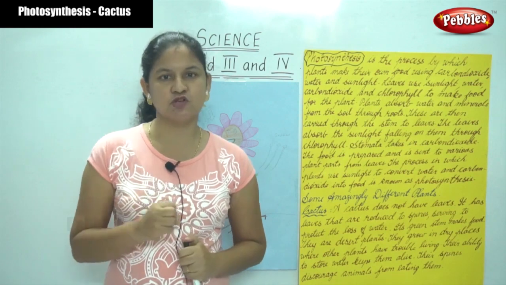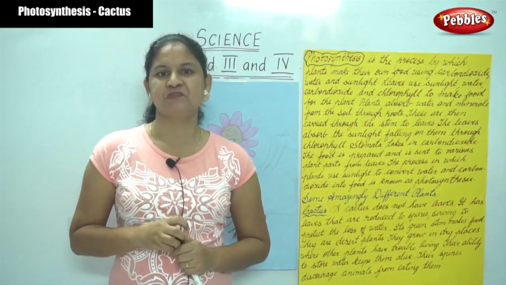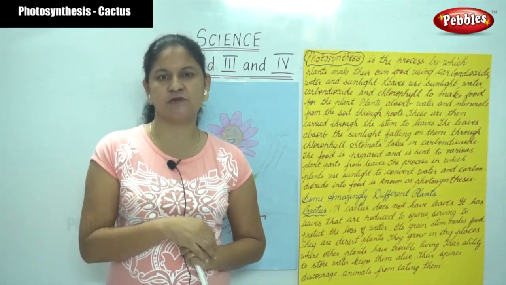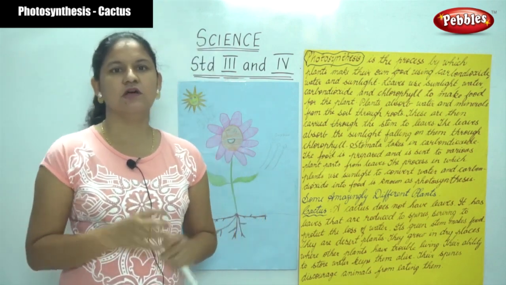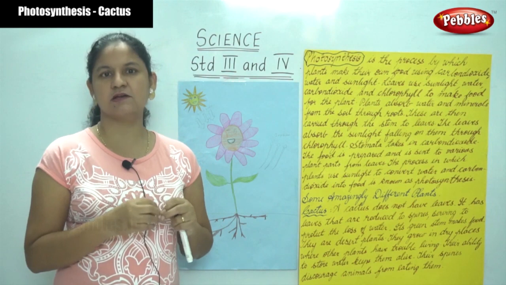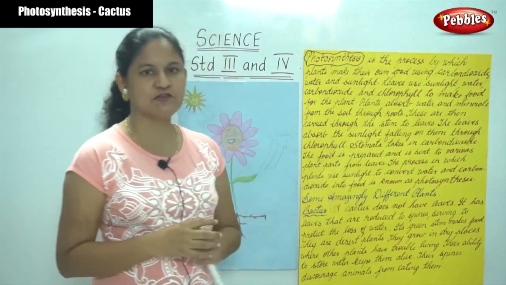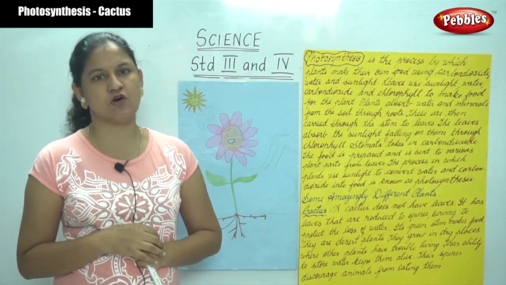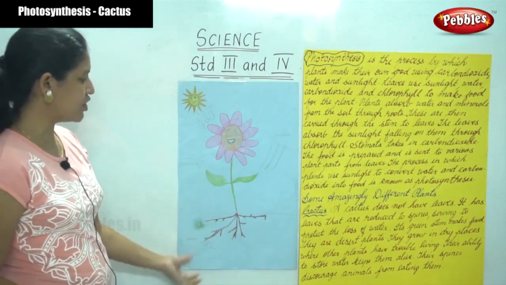The leaves absorb sunlight through the chlorophyll that is present, and the tiny openings on the underside of the leaves called stomata absorb carbon dioxide. So the process by which plants use sunlight to convert water and carbon dioxide into food is called photosynthesis.